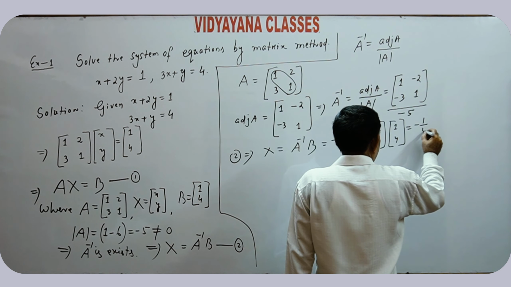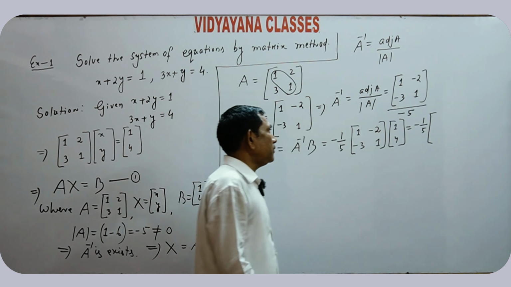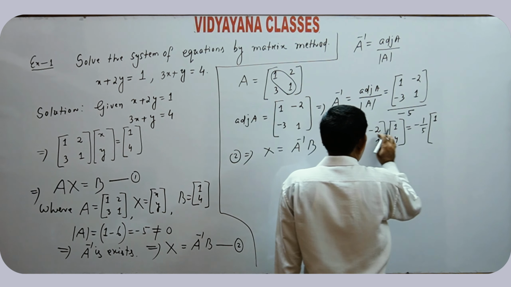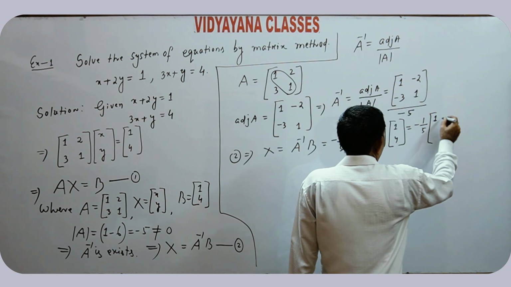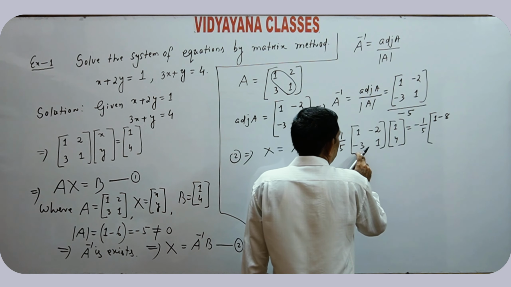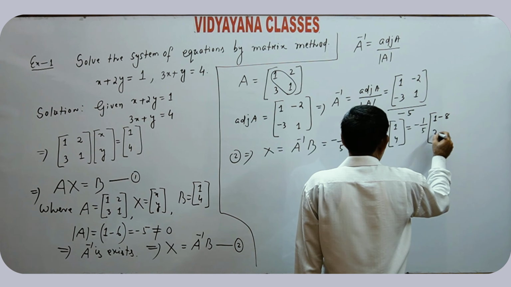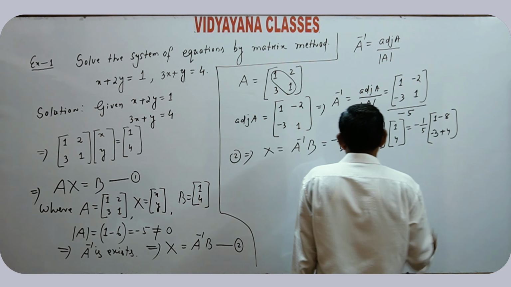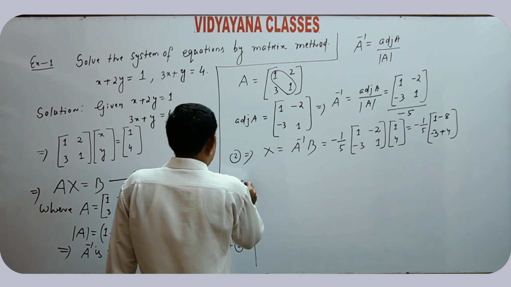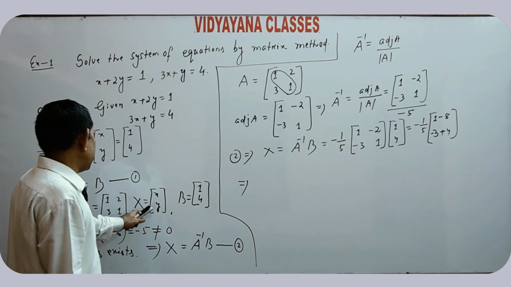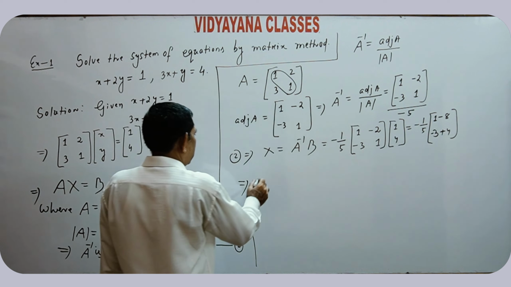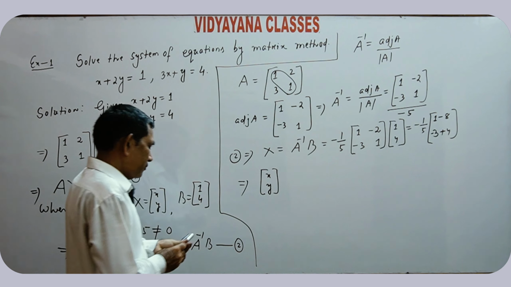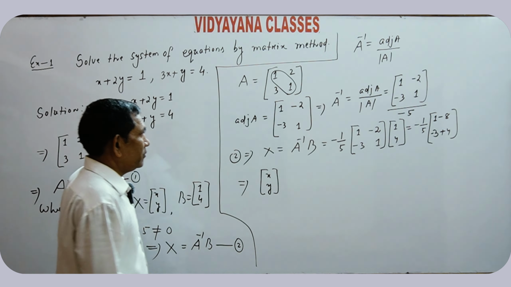Minus 1 by 5. By the matrix multiplication rule, 1 into 1, that is 1, minus 2 into 4, minus 8, minus 3 into 1, that is minus 3, 1 into 4, that is 4. Implies this. What is X? X is the matrix having elements x, y. Clear?